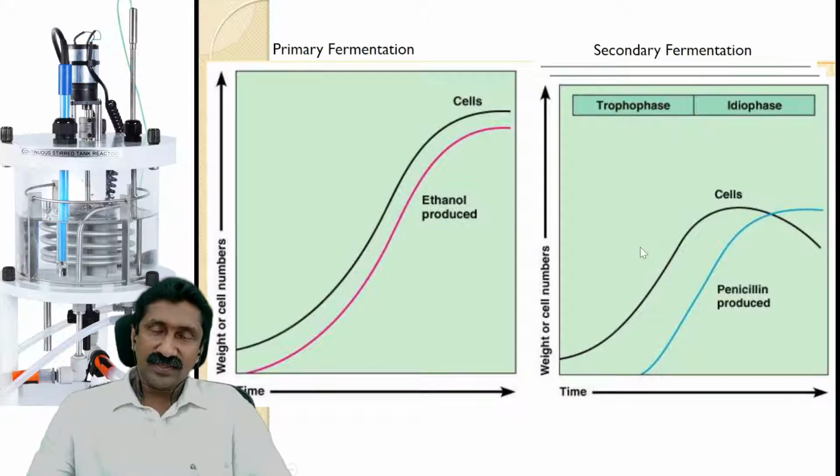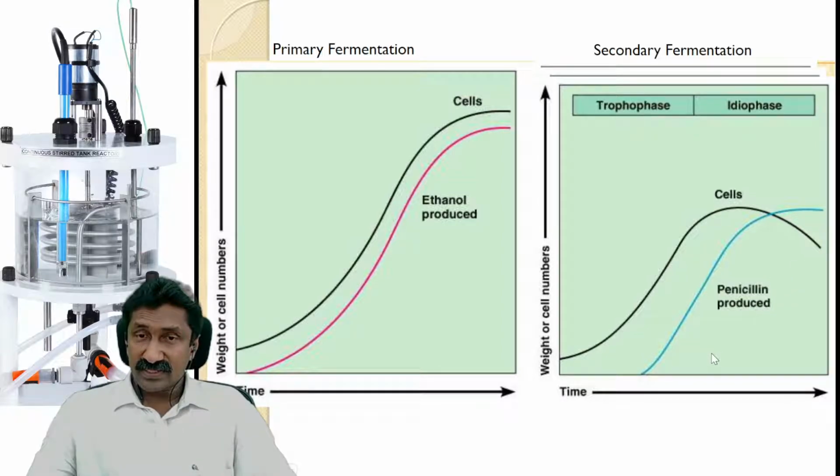Whereas in the case of secondary fermentation, we have a separate mode of production, where the cell follows the normal growth curve pattern with a lag phase, log phase, stationary phase and decline phase.